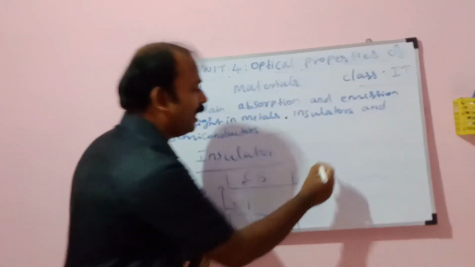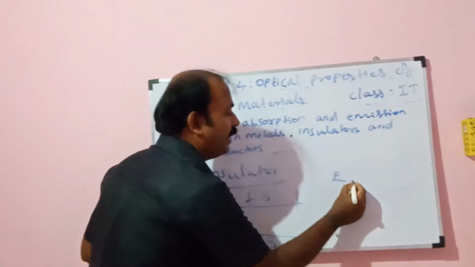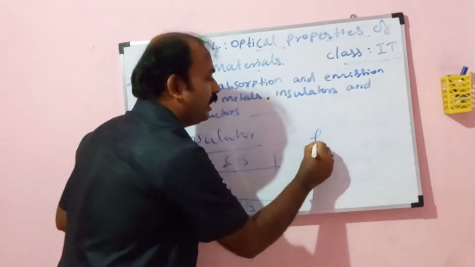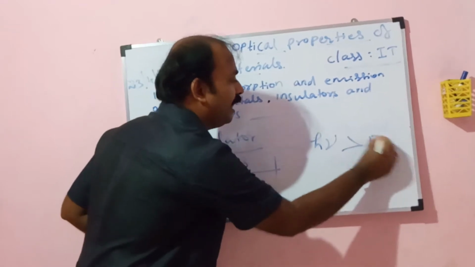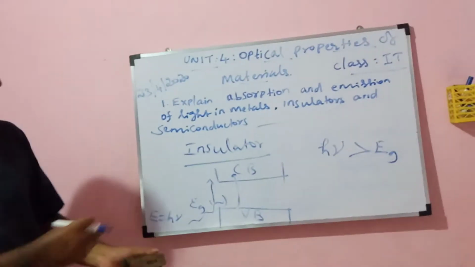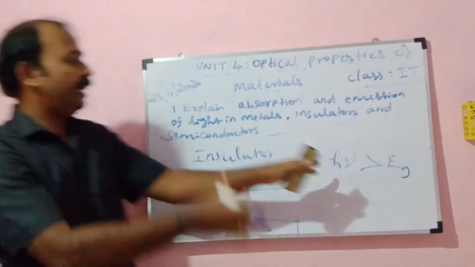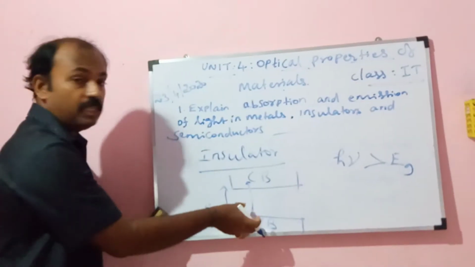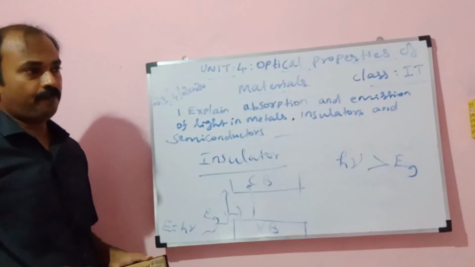The condition is that the energy of the incident light, h nu, is greater than the energy gap. If the incident light energy is greater than the energy gap, then absorption is possible.